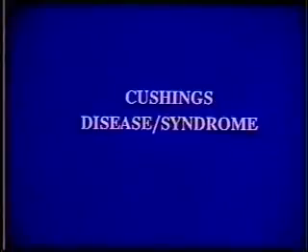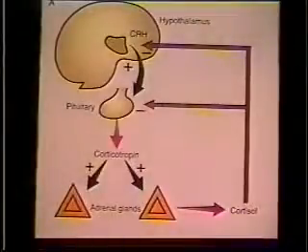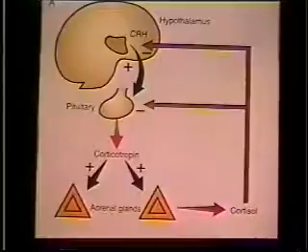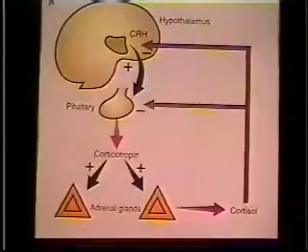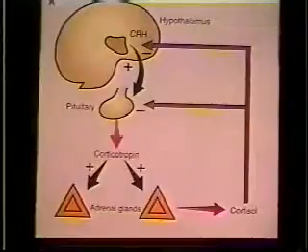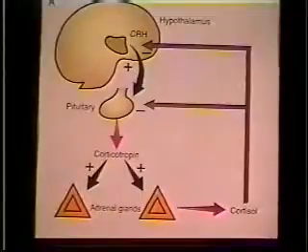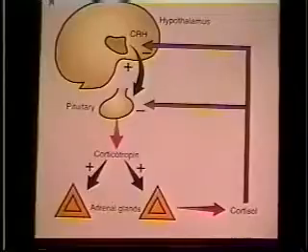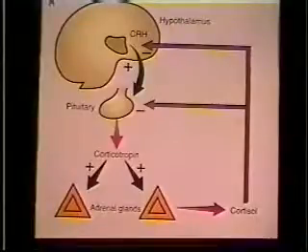Let's leave hypoglycemia and give you an overview of Cushing's disease or Cushing syndrome. Just a basic review of the physiology, which entails a link up between the hypothalamus or the thalamus up at the top of this illustration, causing the release of corticotrophin releasing substance that affects the anterior pituitary's production of ACTH or corticotrophin, which then stimulates the adrenal cortices to produce its hormones.